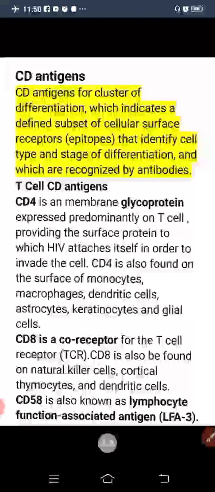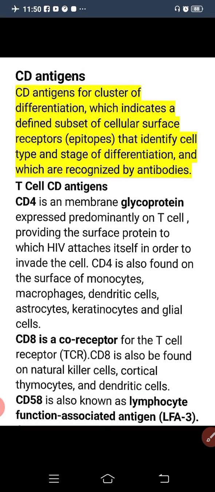CD stands for cluster of differentiation, which indicates a defined subset of cellular surface receptors, that is epitopes, that identify cell type and stage of differentiation and which are recognized by antibodies.